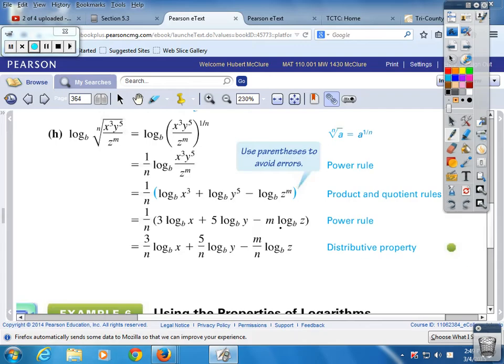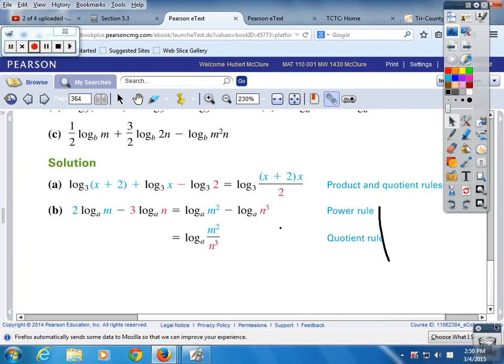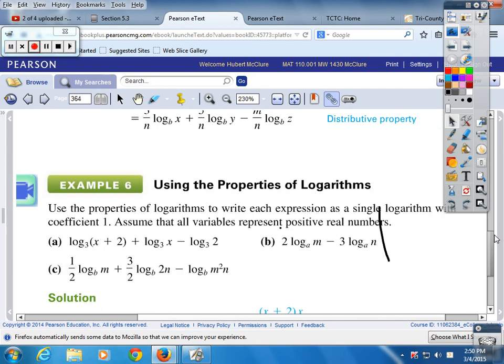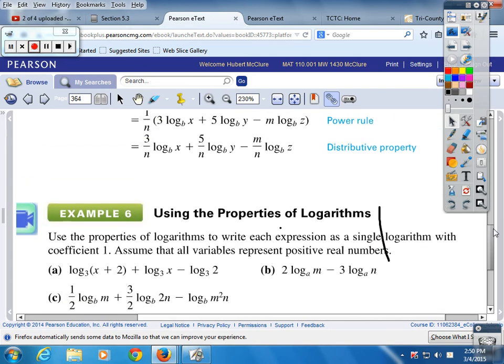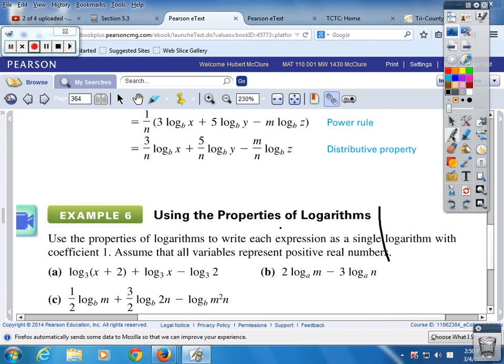All right, let's do another one. Let's find one out of the homework or see what they did next. Okay, now this is going the opposite way. This is going backwards. So see if you can work those three, and we'll write them on a white page and do each one of them separately.